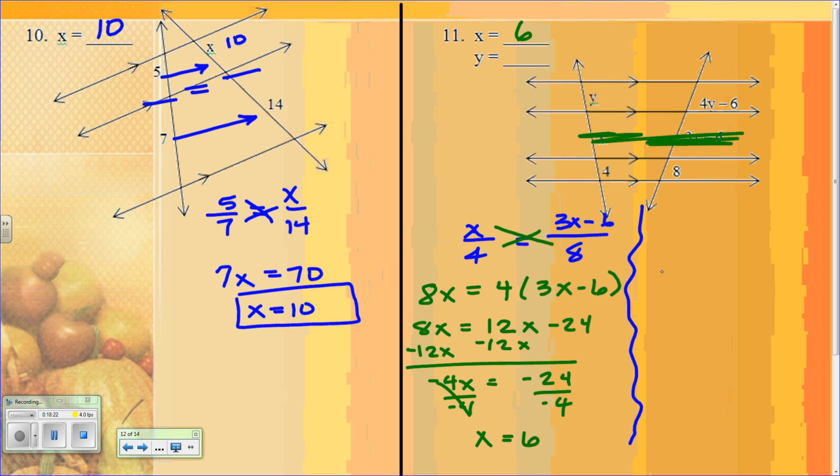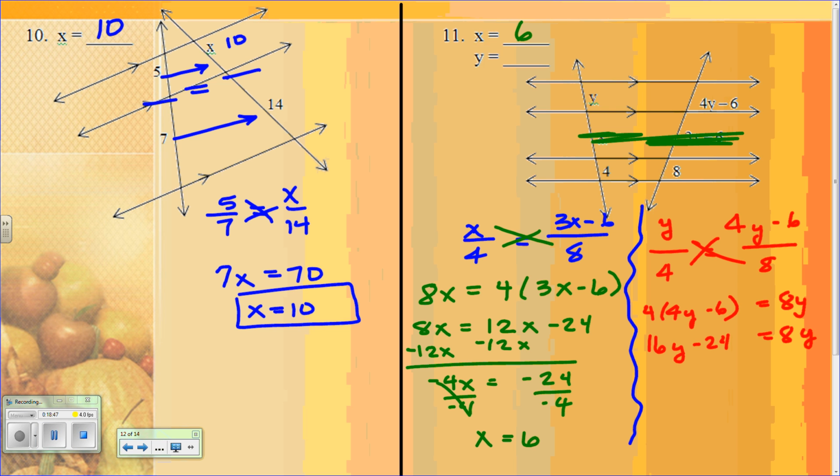So now I'm going to do the same exact thing here. I'm going to say y over 4, because now it's set up for me, y over 4 is equal to 4y minus 6 over 8. Now I can cross multiply again. 4 times 4y minus 6 equals 8y when I go this way. So I've got 16y minus 24 equals 8y.